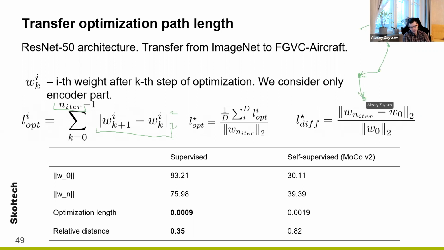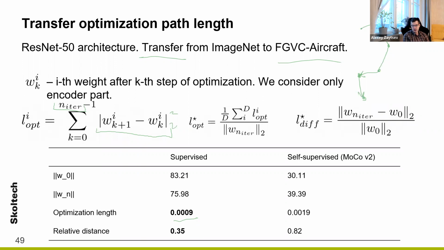And we see that for supervised optima it is shorter, closer to what we have after fine-tuning to a particular problem, so we transfer to the FGVC aircraft dataset.